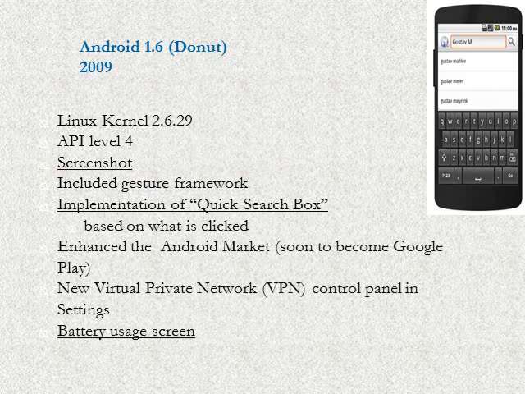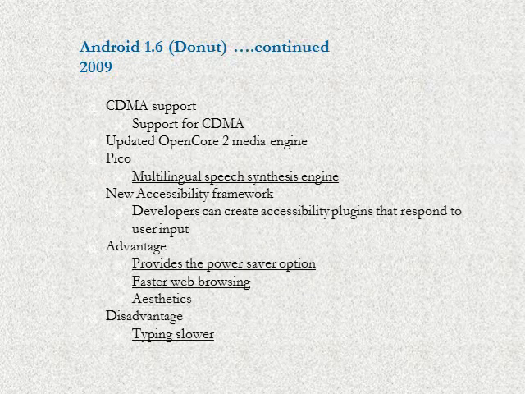So the same level of APIs, but with the passage of different APIs, the functions, the libraries, and the functionalities kept on increasing. This Donut version also provided a power save option and fast web browsing. The screen aesthetic and the media were a bit richer compared to the earlier version, so it was seen as a great improvement over the visual effects in mobile operating systems.